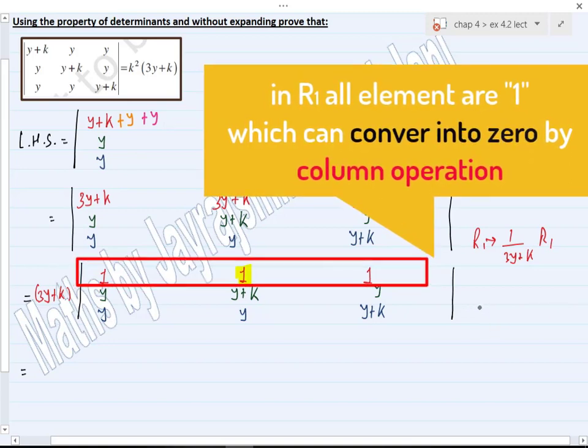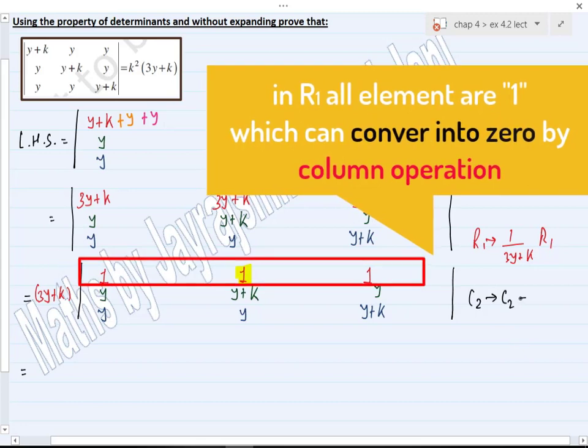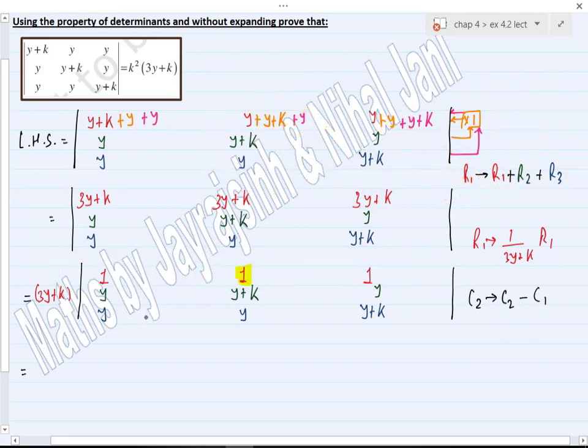The preferable operation is C2 gives C2 minus C1. That means you have to multiply minus 1 with the first column and add into the second column. Here we'll get 1 minus 1 is 0, y minus 1s are minus y, y minus 1s are minus y.